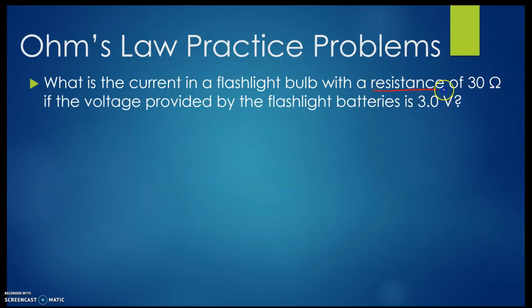The first piece of information given is our resistance. Okay, R equals 30 ohms. The next piece of information is our voltage. So this is 3 volts. That means in this case, we are looking for our current.